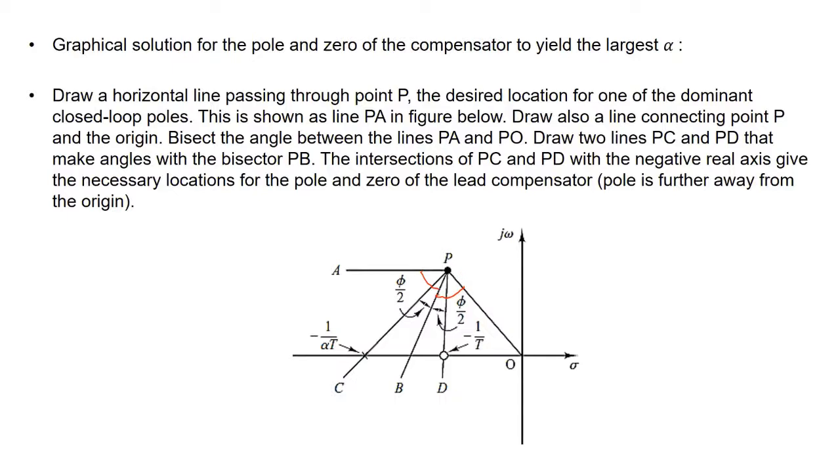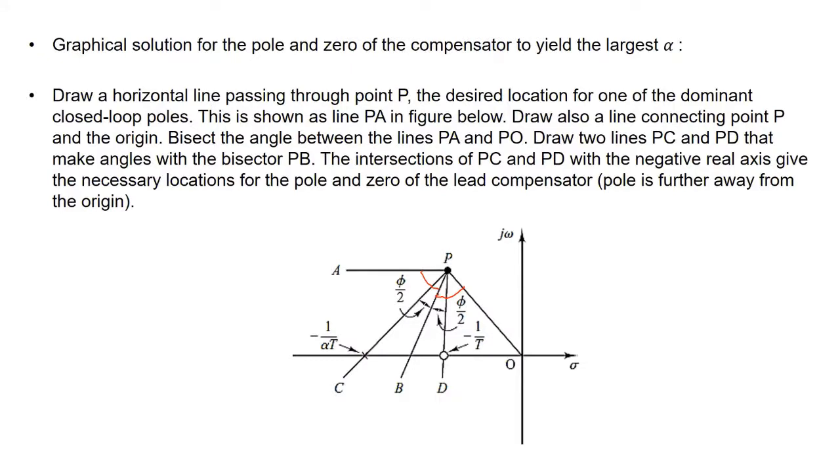So then what we do is, the angle phi that we had, we consider half of it to the left of line PB and half of it to the right of line PB, and we form the lines PC and PD. Once we get line PB, we form lines PC and PD using half of angle phi, the contribution angle.